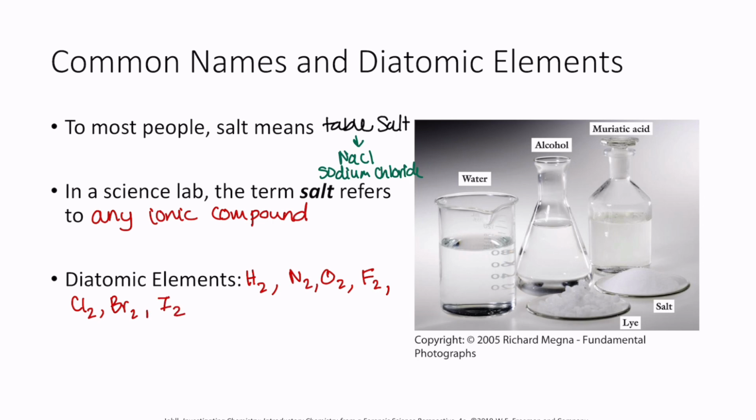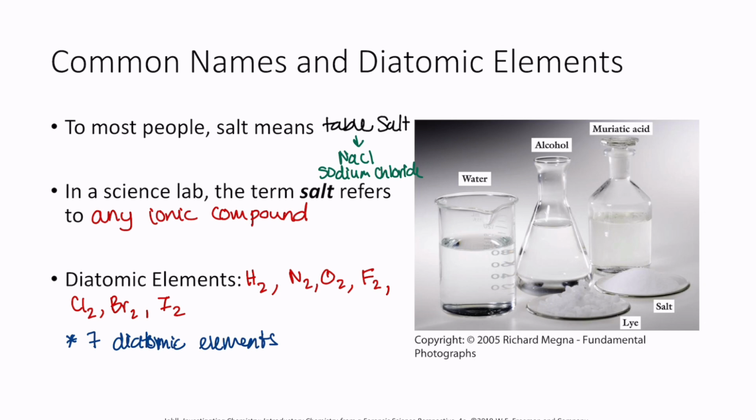So there are 7 diatomic elements, and they are held together through a covalent bond.